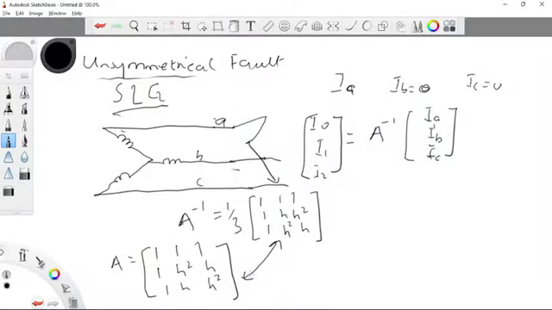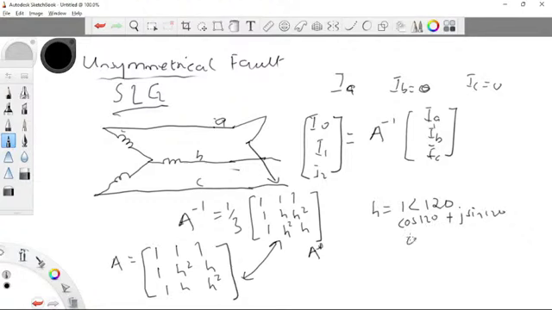if you try to get a relationship between the A and this component here, you realize that this is a conjugate of this, because if H is equal to 1 angle 120, if we want H conjugate, 1 angle 120 can be written as cos 120 plus j sine 120.